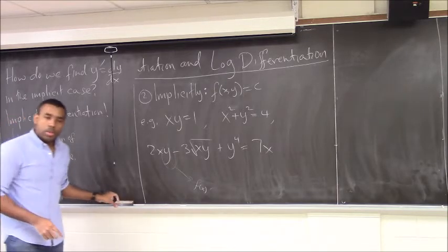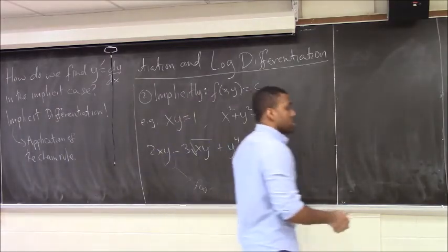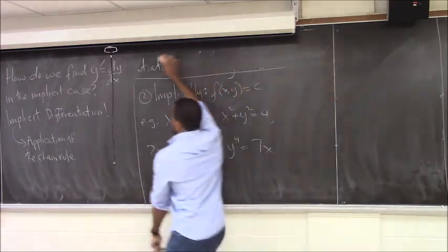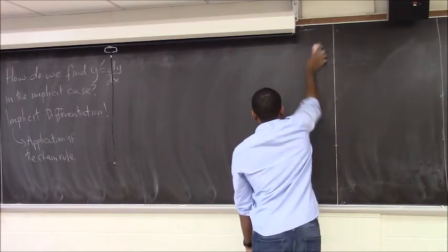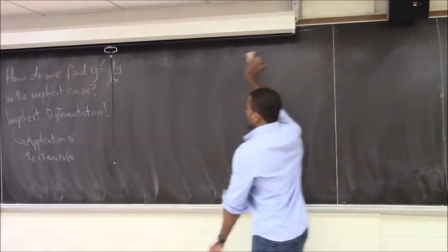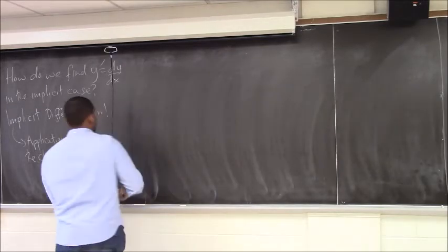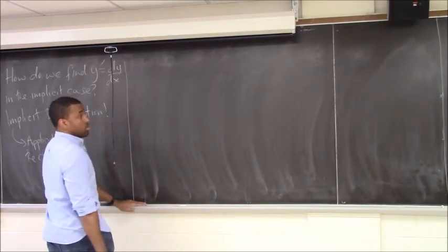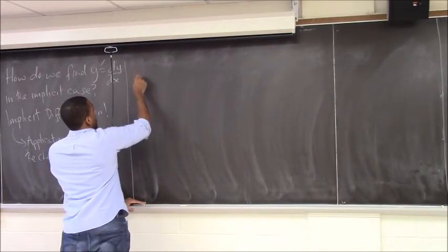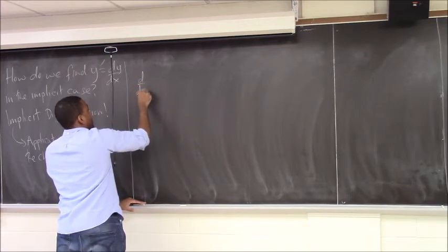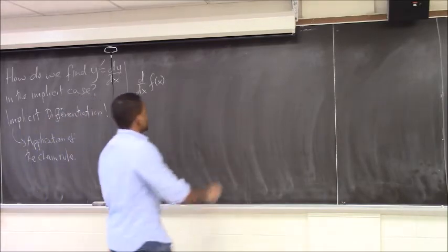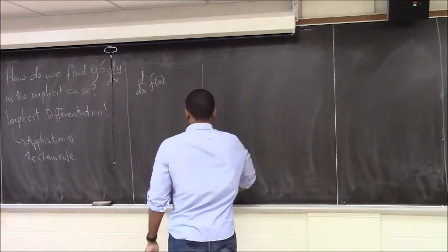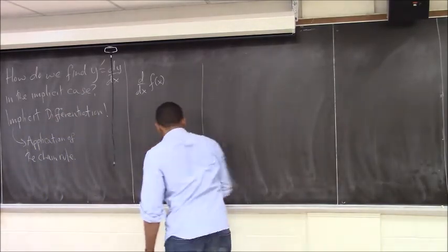So I'm going to give you a bunch of expressions that I want you to find the derivative of. And then I can explain to you how implicit differentiation is going to happen. So, the derivative of some function f of x. Too much space for that guy.